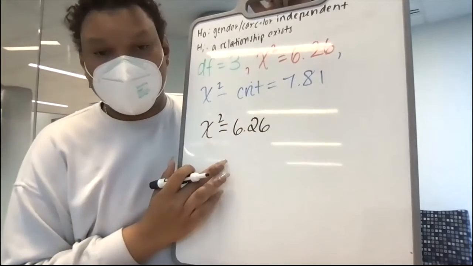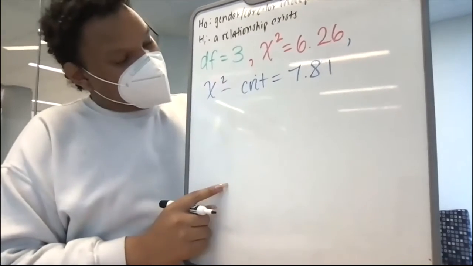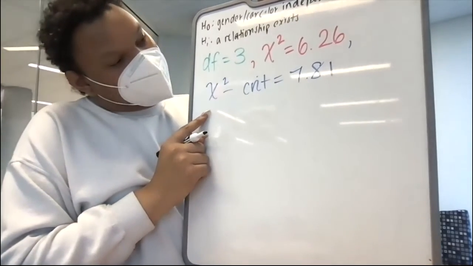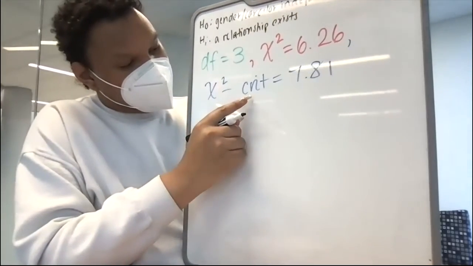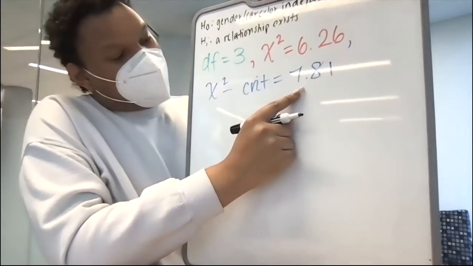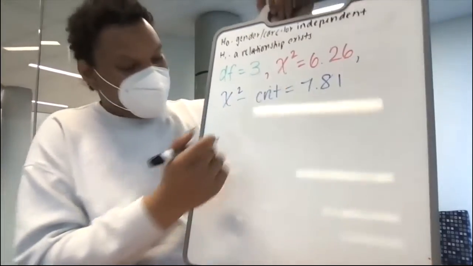This is our calculated chi-squared. Compared to our chi-squared critical, it is less than the chi-squared critical. Remember, our chi-squared critical is 7.81, and that represents the threshold for which we reject our null hypothesis. So let's write that out.